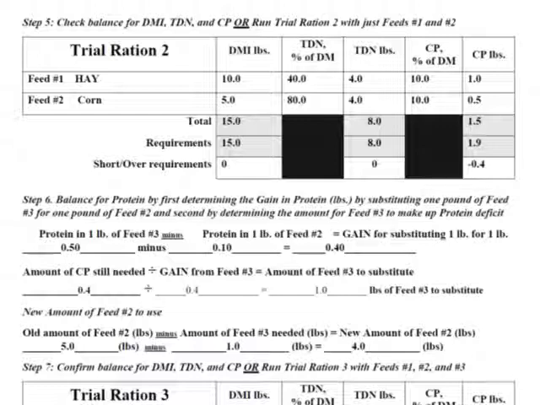I bring down my 1 pound of feed 3 that I need. 5 minus 1 gives me a new amount of feed 2 as 4 pounds. So I move on to ration number 3 because 1 and 2 didn't work.